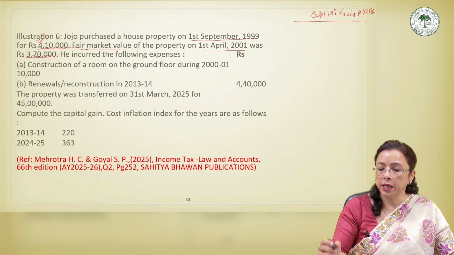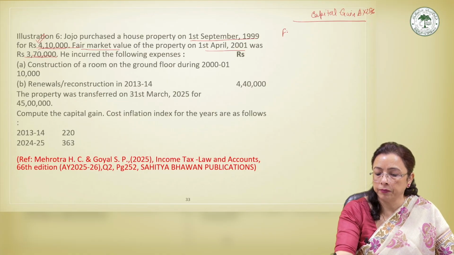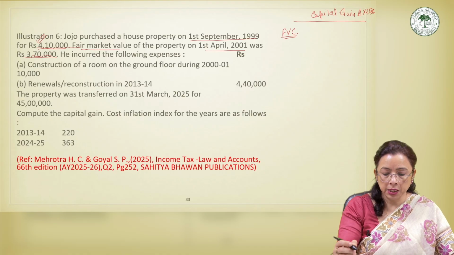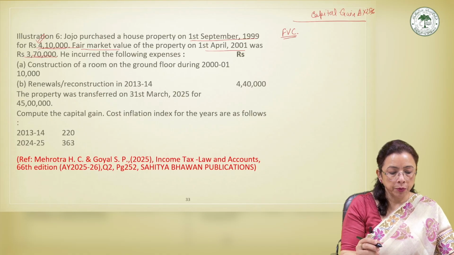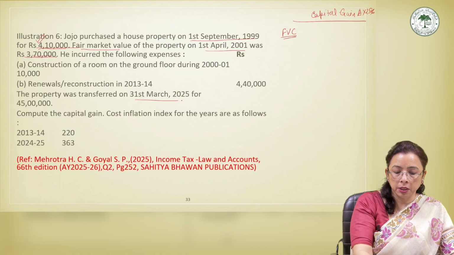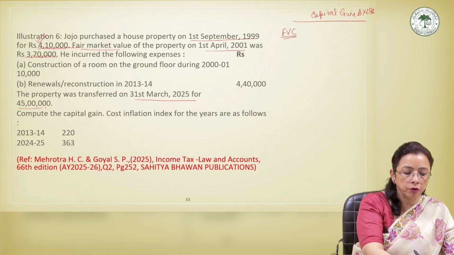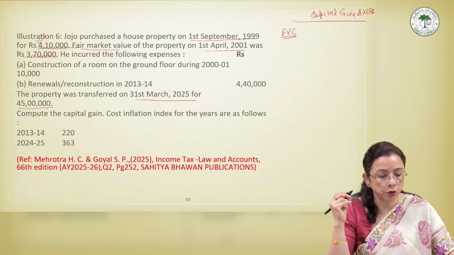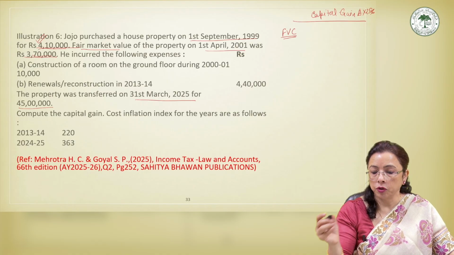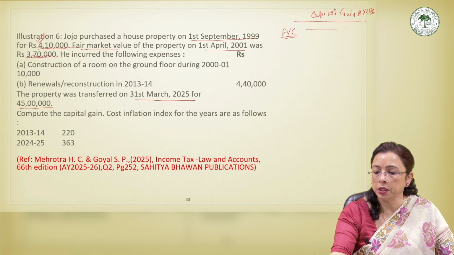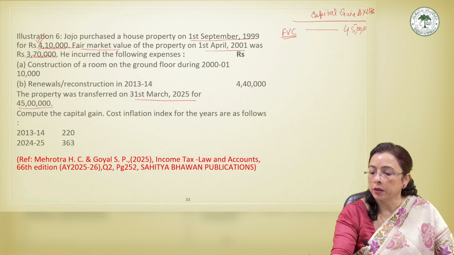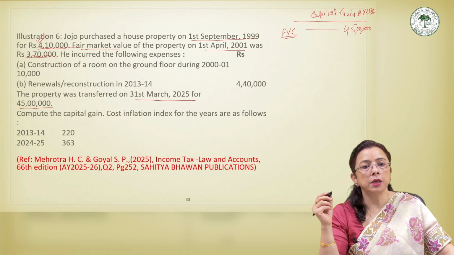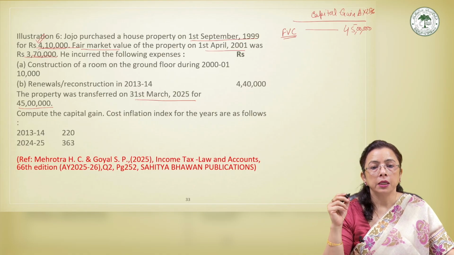But first I'll put the FVC. How much is the FVC? The property was transferred on 31st March 2025 for rupees 45 lakh. So here FVC is rupees 45 lakh.